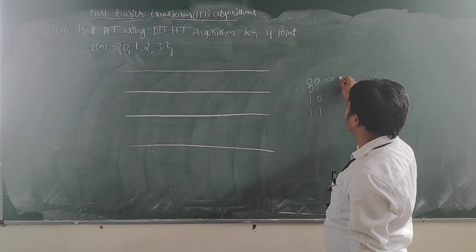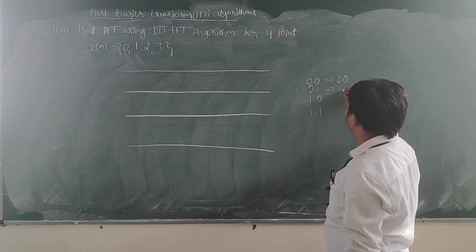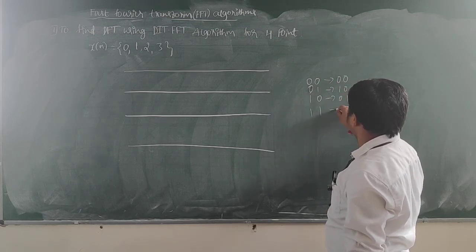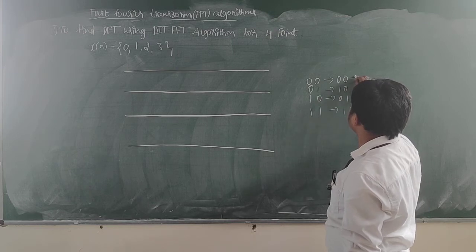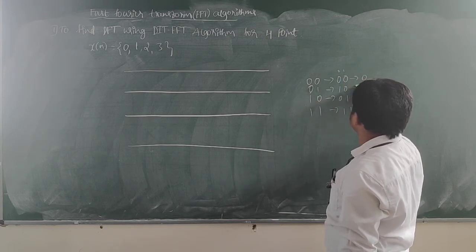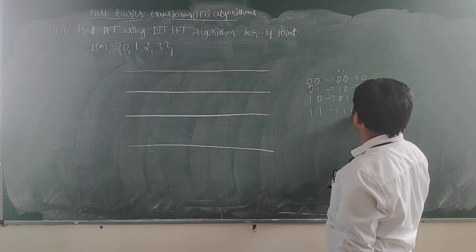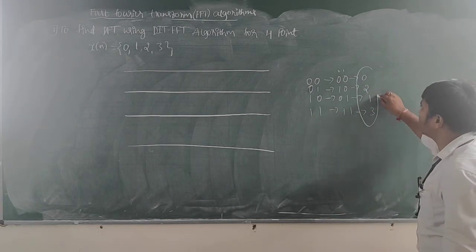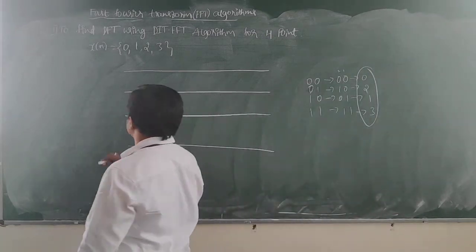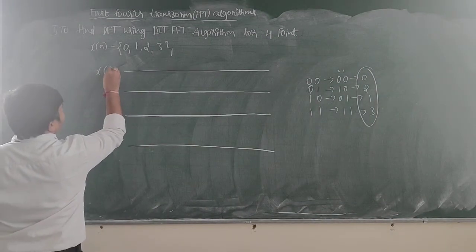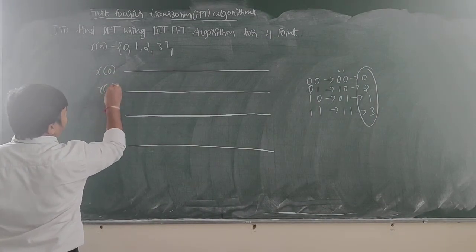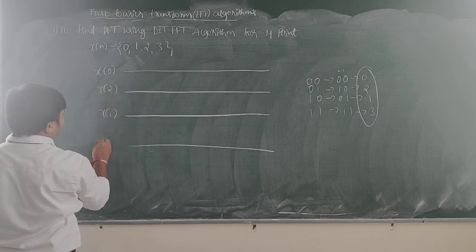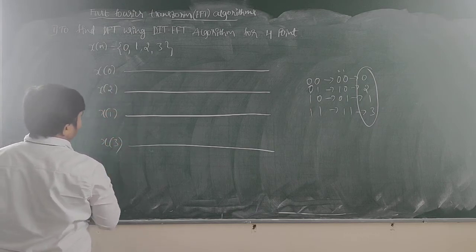If you bit reverse this, we get 00, 10, 01, 11. So this is 0, this is 2, this is 1, this is 3. Therefore I need to give the inputs in this manner: x of 0, x of 2, x of 1 and x of 3.